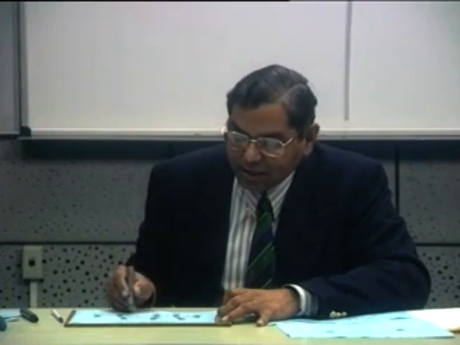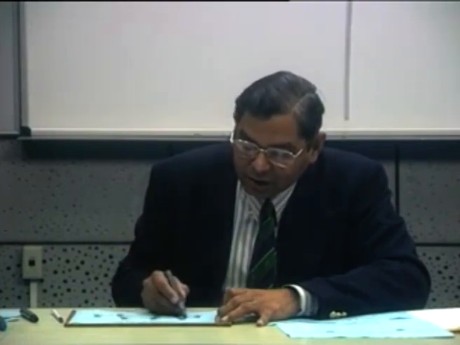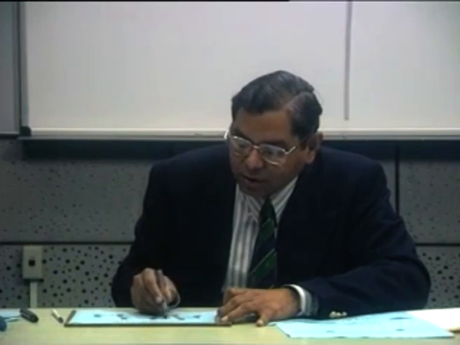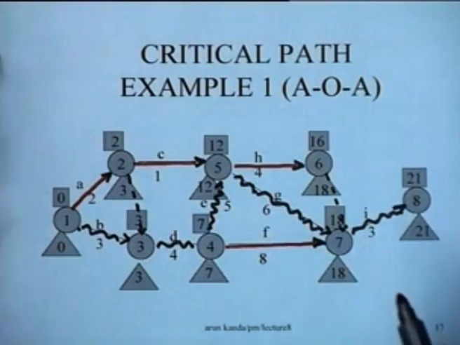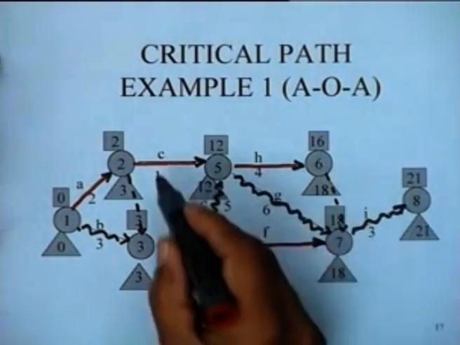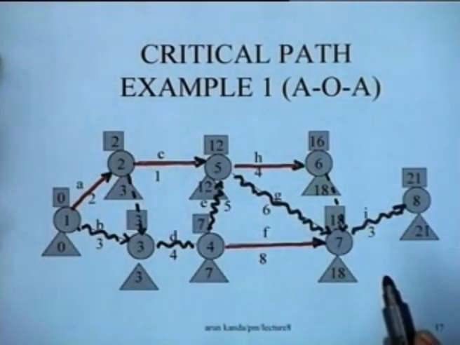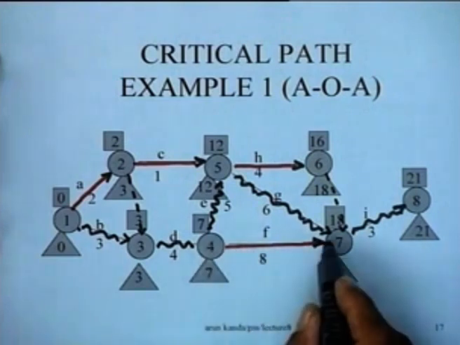So, this is not a critical activity, this is also not a critical activity, and as far as the real activities are concerned, these 4 activities are not critical, and yet this is an activity joining two critical nodes.